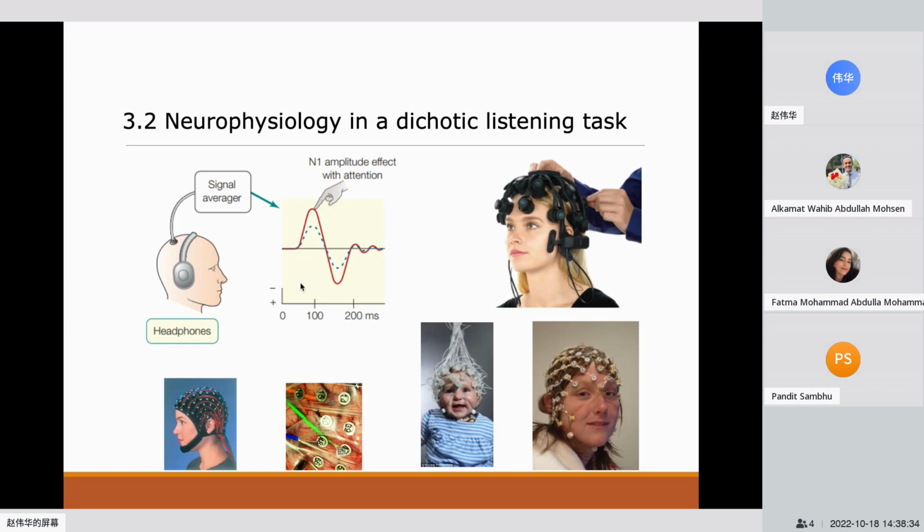And control the arousal states. I mentioned in the previous slides, arousal will influence attention. So all that varied was the direction of covert attention, so to which ear the participants directed their attention.